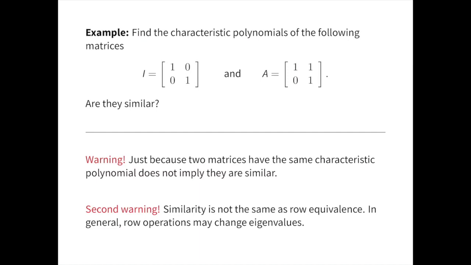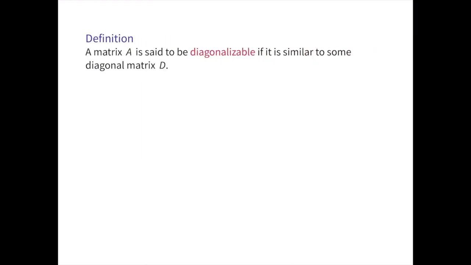All right, now we're going to be interested in this property of similarity, particularly in the case where one of the two matrices we're looking at is a diagonal matrix. So that brings us to the following definition.